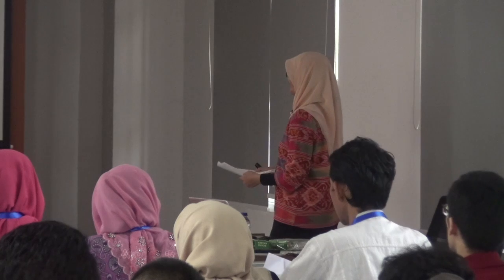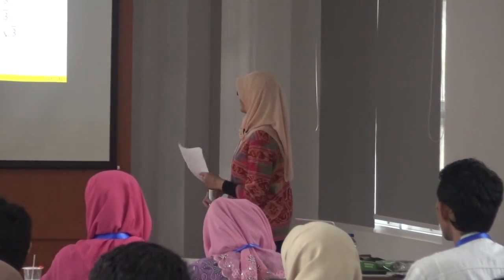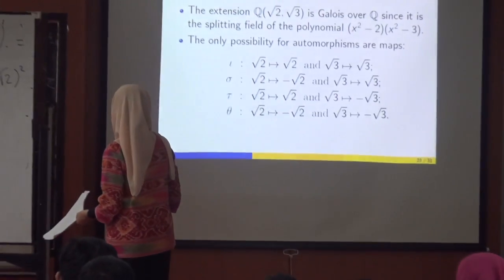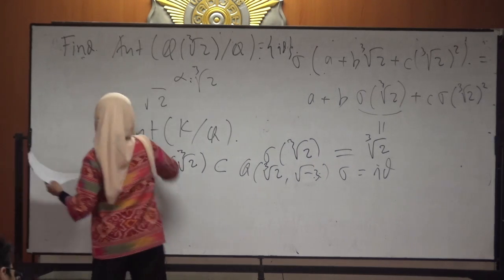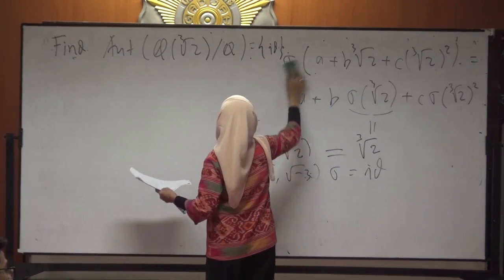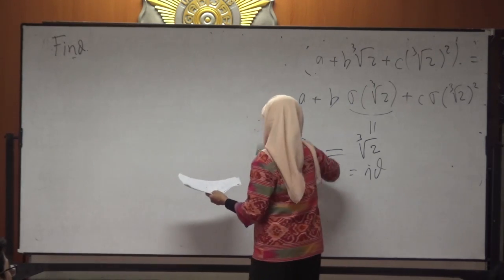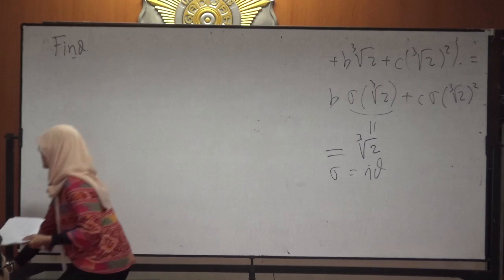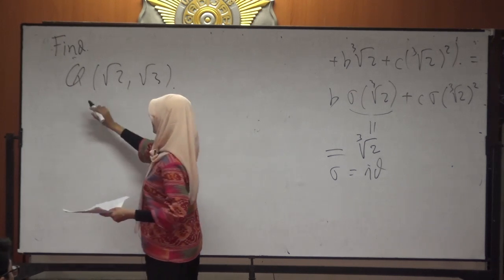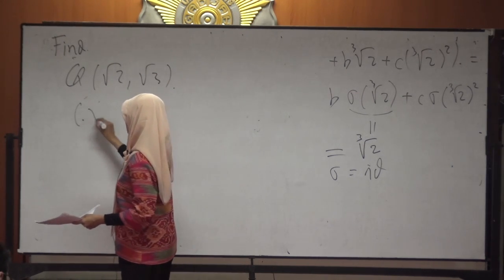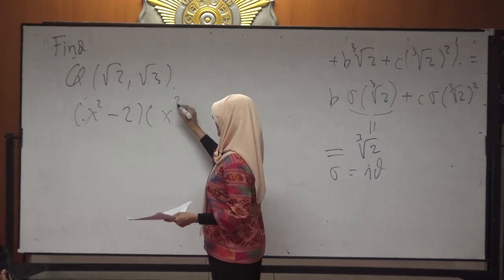Okay, this is the other example. Consider now the extension Q(square root 2, square root 3). This is Galois over Q, since square root 2 and square root 3 are roots of the polynomial (x squared minus 2)(x squared minus 3).